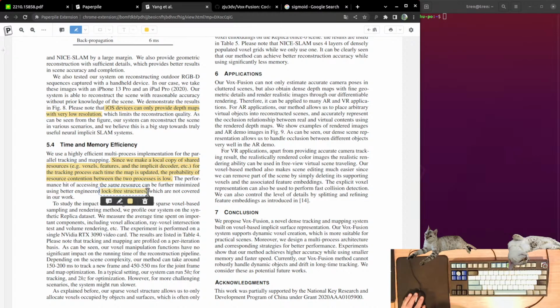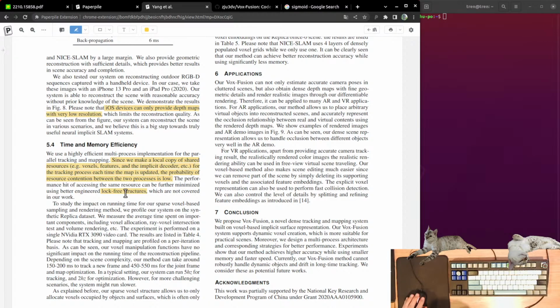Yeah, lock-free structure. So you have this mapping process and the tracking process, and they're both using the same network and the same voxels. The way that's going to be implemented in code, these objects in memory are going to have a lock associated with them. So when the mapping process updates the neural network that represents the NeRF, the tracking can't get a handle to that object.